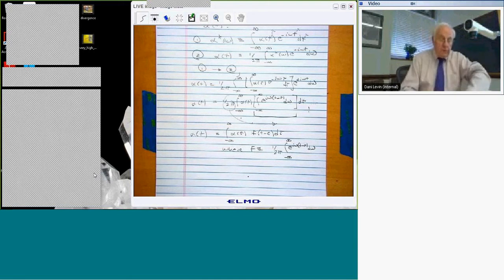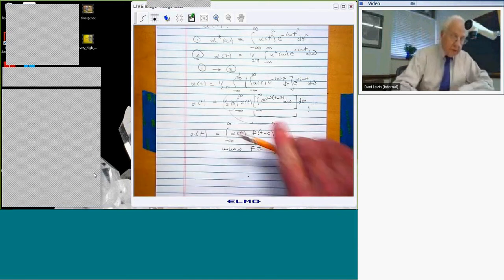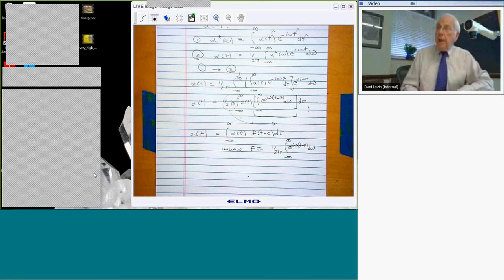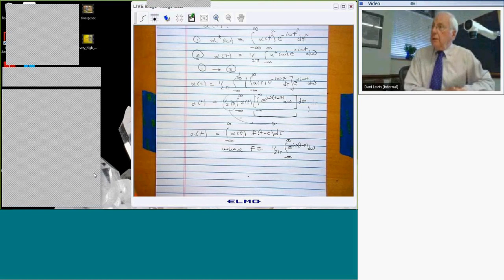So, forgetting about that definition for just a moment, but just looking at this equation, what do you imagine that f of t minus tau must be for this equation to be true? This equation says alpha of t is the integral of alpha of tau times some magic function d tau. What must the magic function be? We've seen it before, and you will see it again.